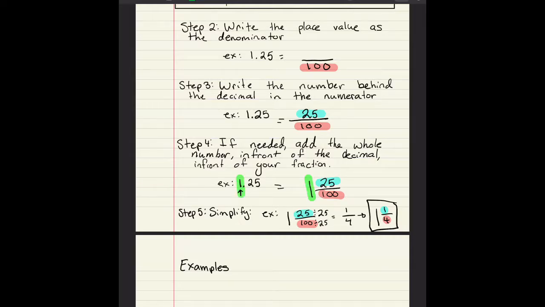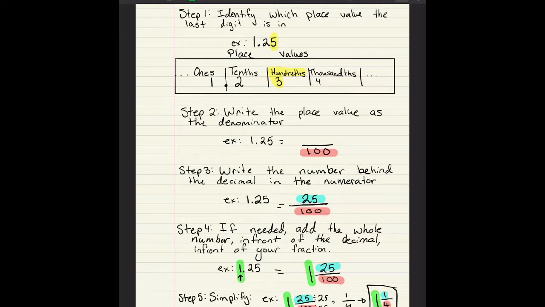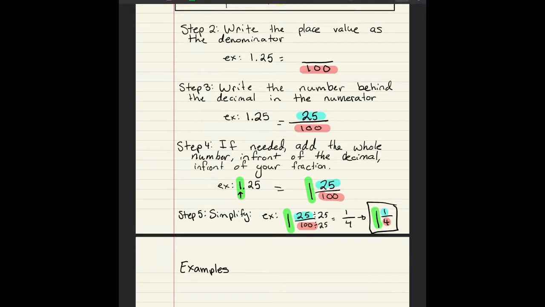This is our whole number. It stays the same. This is the blue, and the denominator would be the place value. So I'm just going to underline 5, because the last digit is 5, it's in the hundredths.